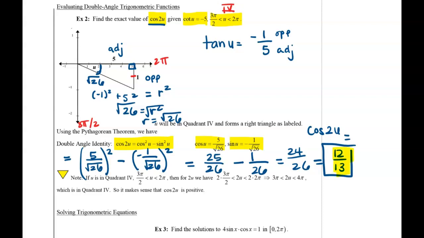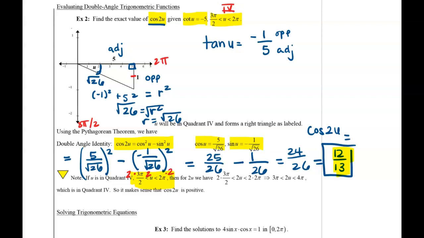And so that is what cosine 2u is equal to. Note, if u is in quadrant 4, then 2u, if we're looking at the values of where we are, you're going to have to take that and make it a 2u. And so you would multiply the left side by 2, the middle by 2, and the right side by 2.